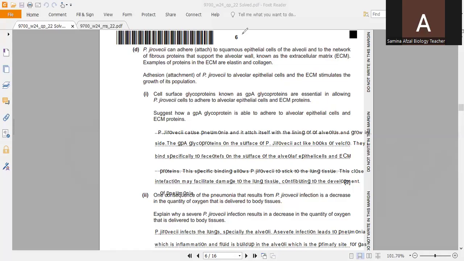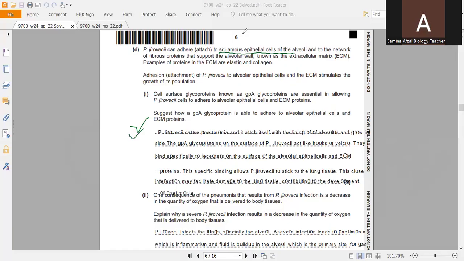So, the answer after this explanation. P. gyrovici causes pneumonia and attaches itself to the lining of the alveolus, and the alveolus lining consists of squamous epithelial cells. It grows inside.